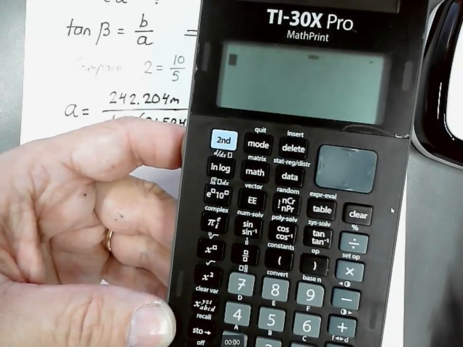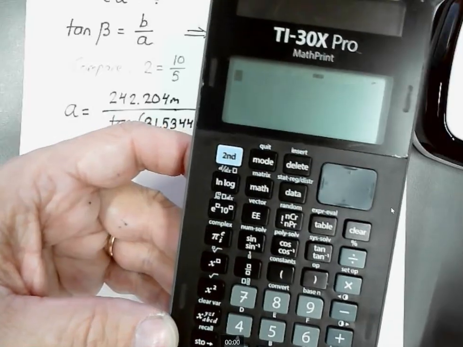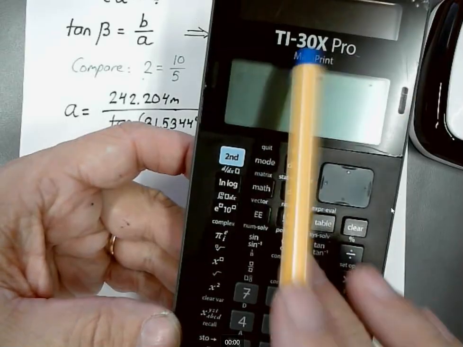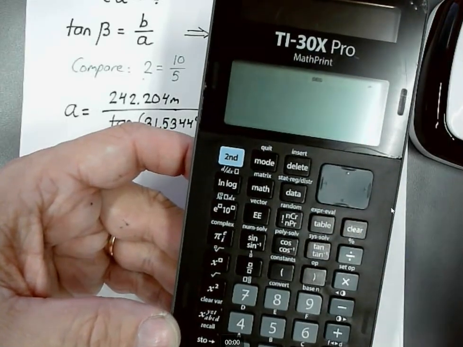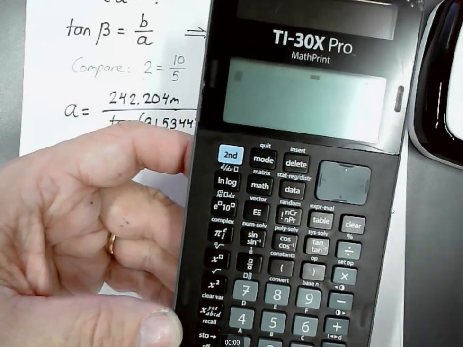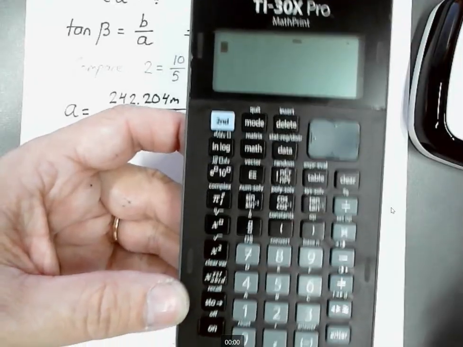There are many calculators which are almost the same, not necessarily Texas Instruments. For example, Casio has good ones, and many other brands also.